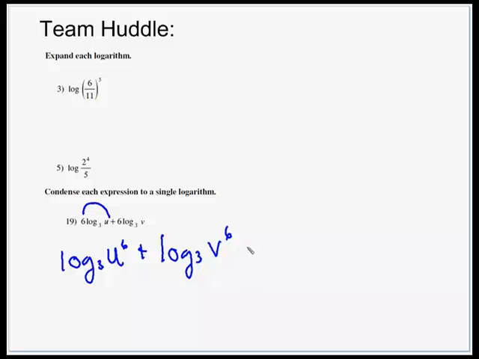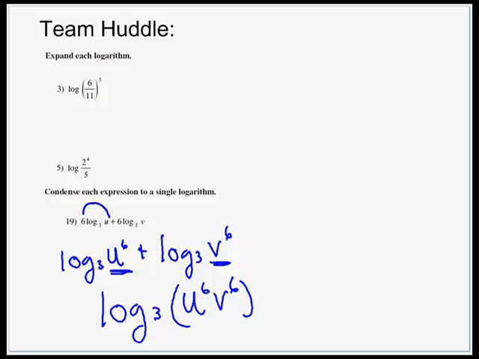Log base 3 plus log base 3 is going to be another log base 3. And then the quantity that we're taking the log of is going to be this quantity times this quantity. u to the 6th times v to the 6th. And then we could factor that exponent of 6 out. Log base 3 of the quantity uv to the 6th power.